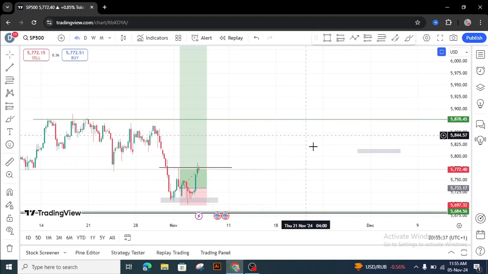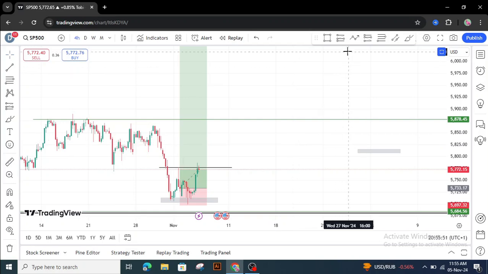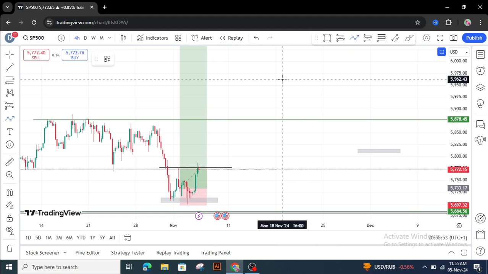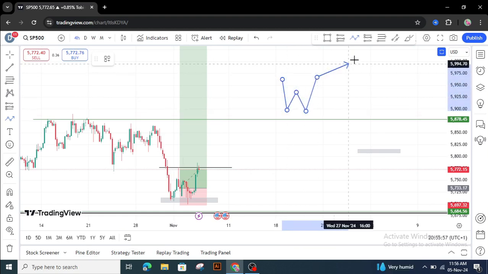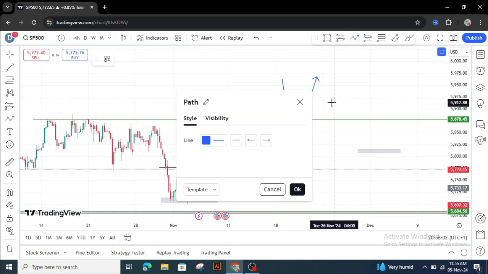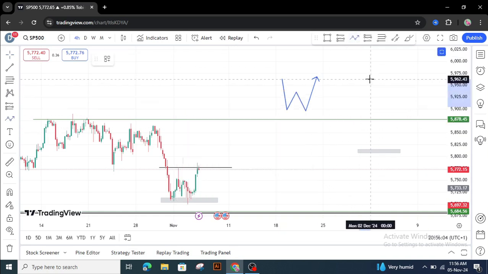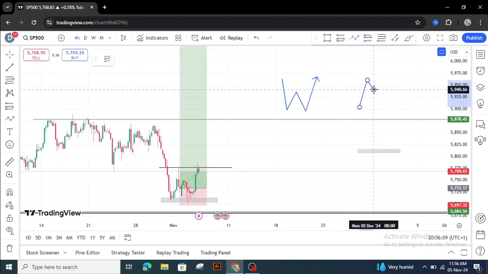Okay, so we are on my computer screen. So let me just show you these two major price reversal patterns, the psychology behind them, and how powerful they are. I will always advise you to look out for these things. The first one is our double bottom, like a W. The second one is the double top, like this.